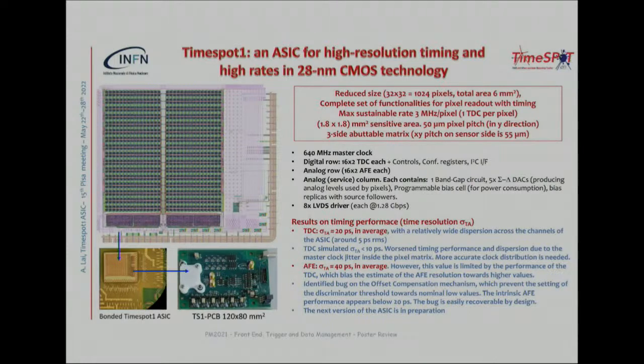Each channel has an analog front end, a discriminator, and a TDC, with timing resolution of 20 picoseconds for the TDC or 40 picoseconds for the analog. This is one first iteration, and they are already working on the second one. This has been motivated by LHCb requirements, but this could be a chip that is interesting for many other applications as well.